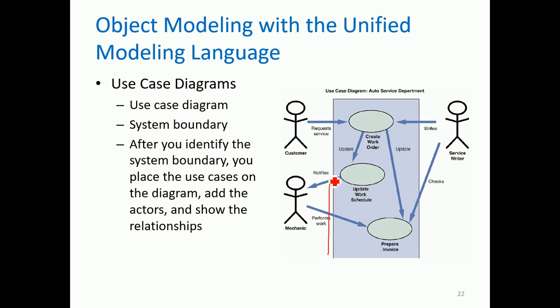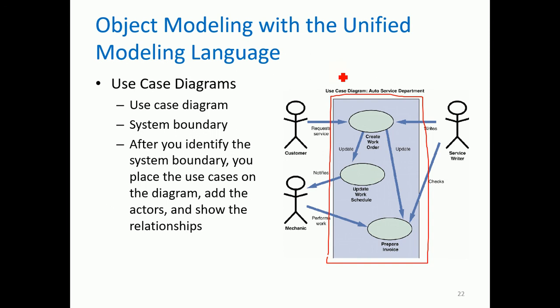So this rectangle here is your system boundary. Okay. So after you identify the system boundary, you place the use cases on the diagram, add the actors, and show the relationships.